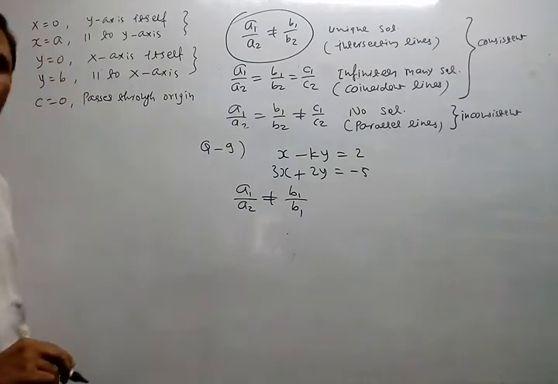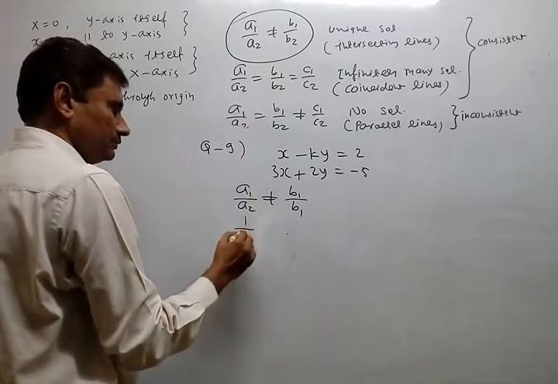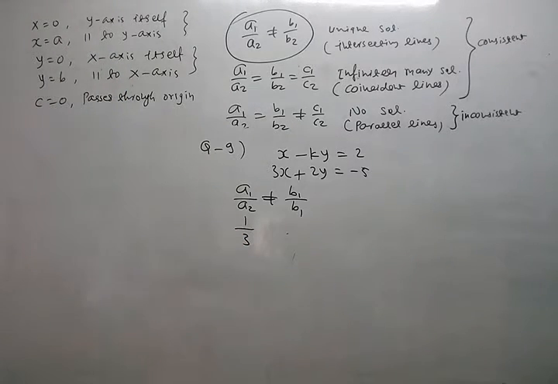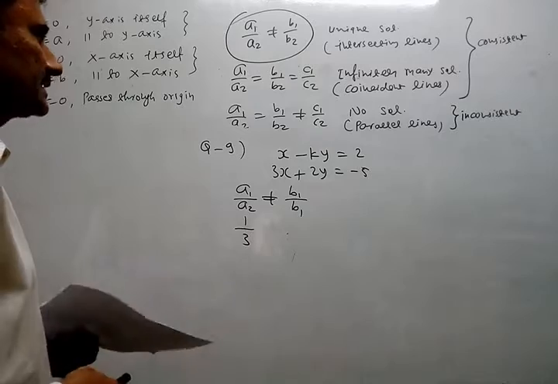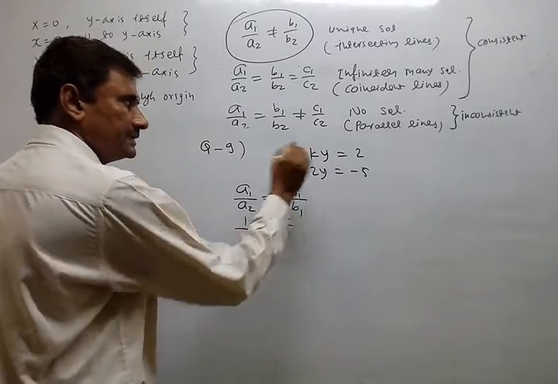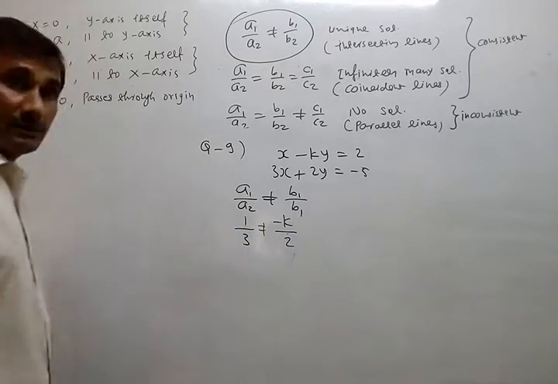Now write all values: a1 is 1, a2 is 3. Now b1 is minus k, and b2, and in between not equal.